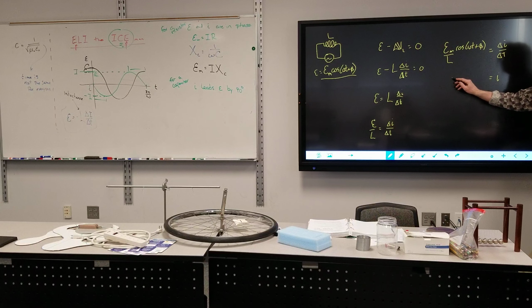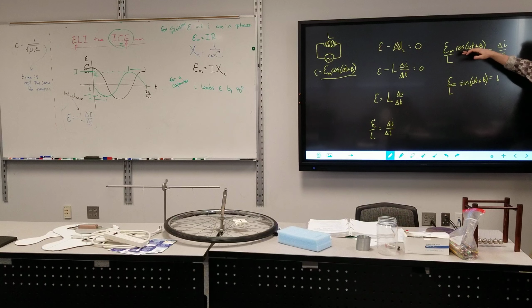So this becomes epsilon sub m over L sine omega t plus phi. Now, if I do the reverse and look at the slope of this, I should get that. There is an omega that's going to pop out when I do the slope, and so I need to stick omega down here, so that when the omega pops out, it cancels, and we're left with epsilon sub m over L.